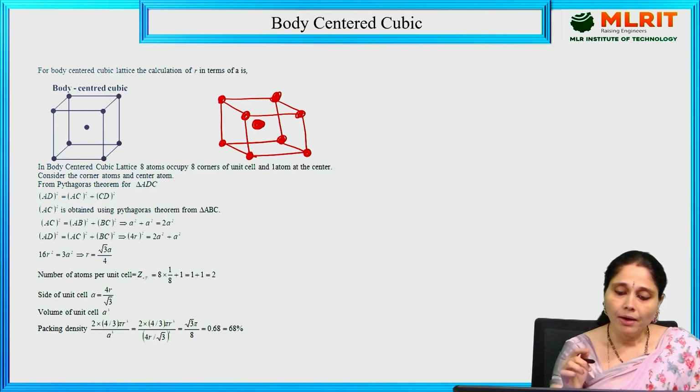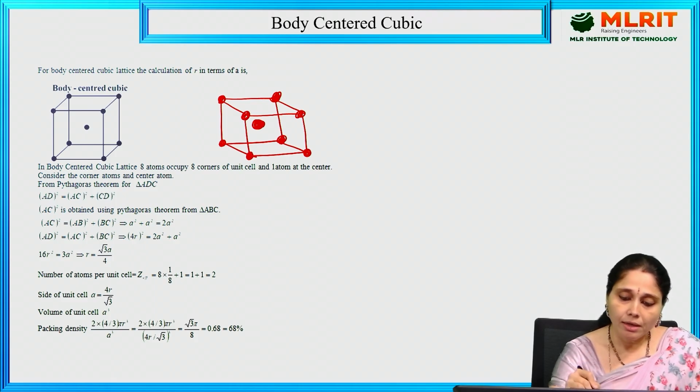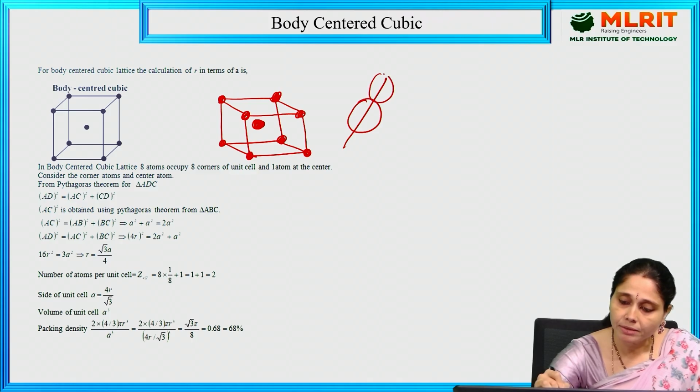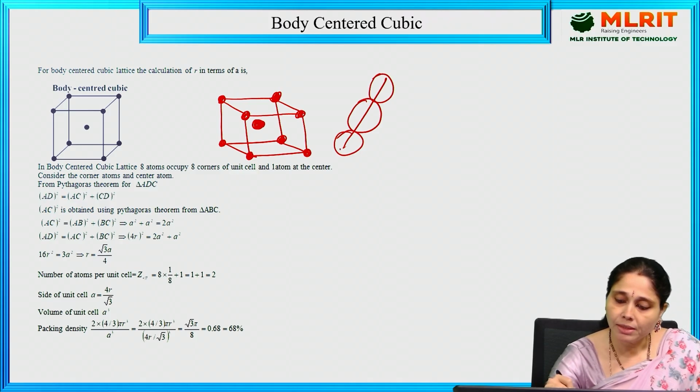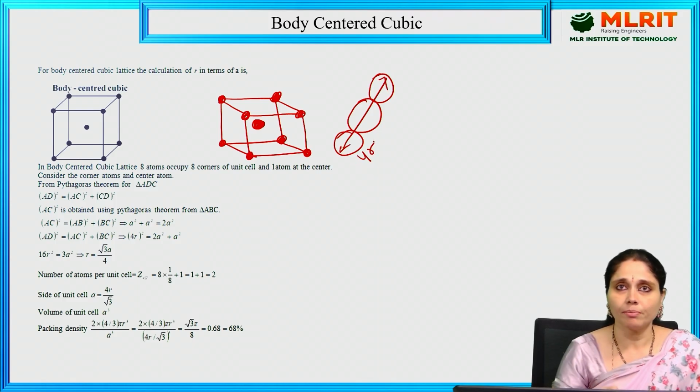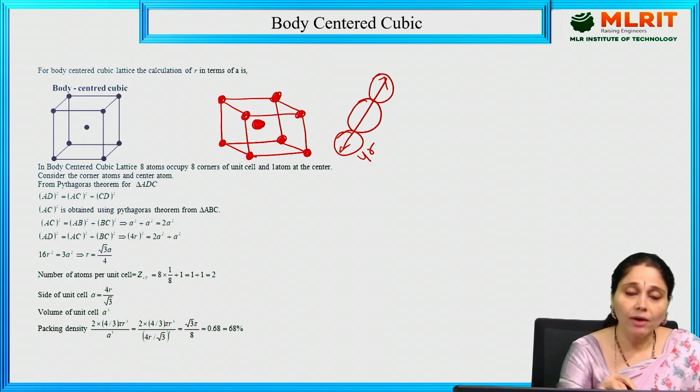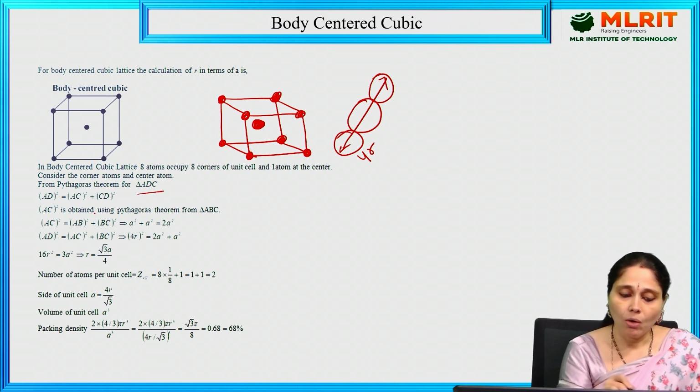So see here, let us consider the triangles. Let us consider along the diagonal, we have 3 atoms. Each one, the share of 3 atoms will be 4R, as we know from the previous things. So here we are going to have the triangle ADC and also triangle ABC.